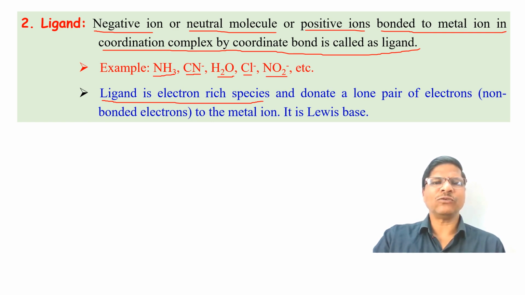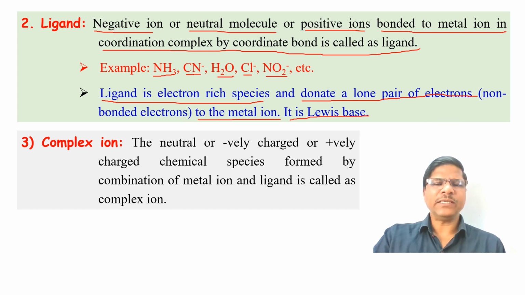Water, oxygen has two lone pairs of electrons. So these species are electron rich, consisting of one or more lone pairs of electrons, and they donate a pair of electrons to the metal ion to form the coordinate bond. So all the ligands are Lewis bases, they are electron donors.